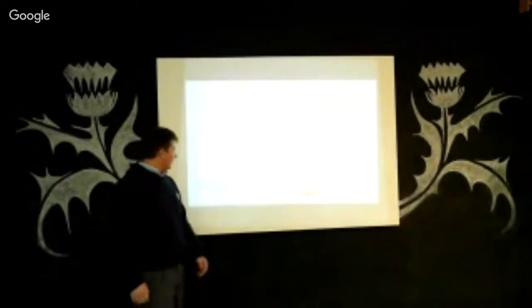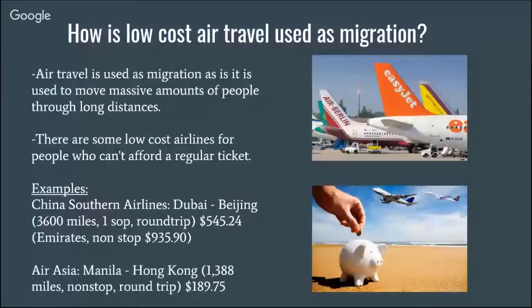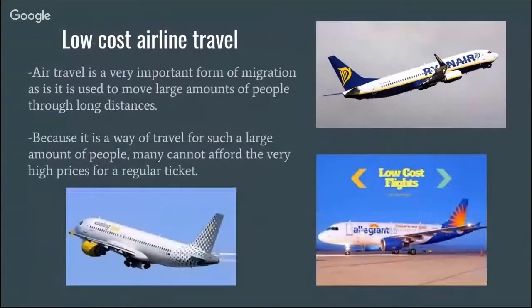Some examples are China Southern Airlines Dubai to Beijing, 3,600 miles, one stop round trip for $545, and AirAsia Manila to Hong Kong, 1,400 kilometers, non-stop round trip for $200. Some migrants don't have so much money, so low-cost airlines let them move long distances without paying so much.